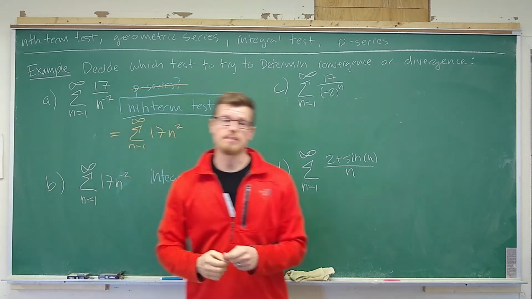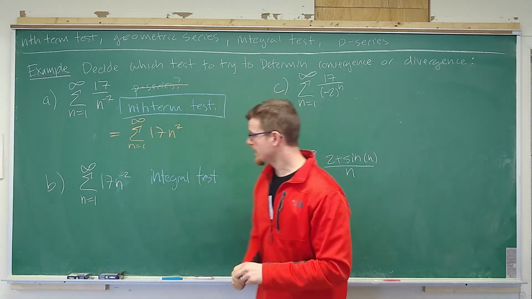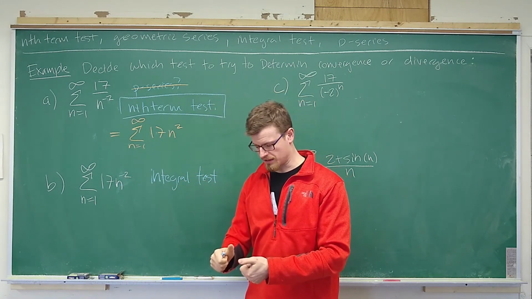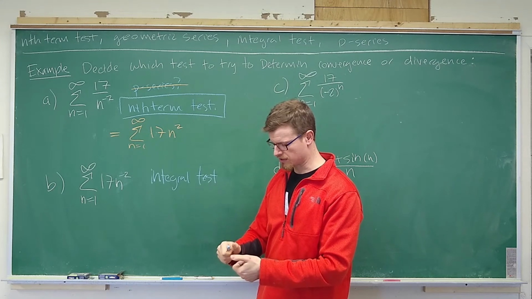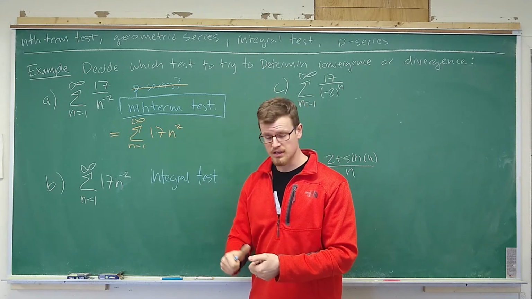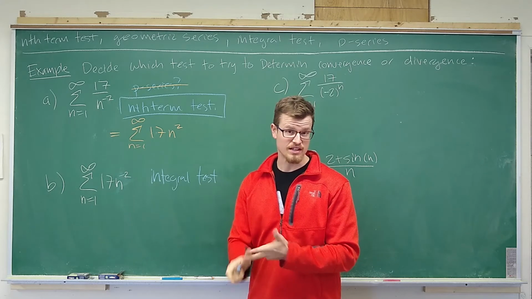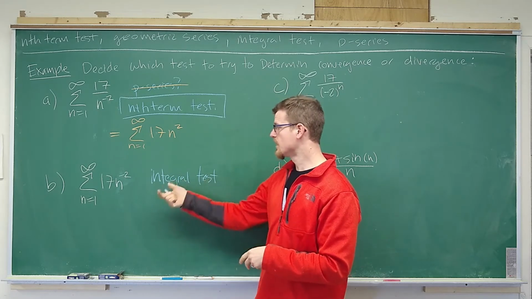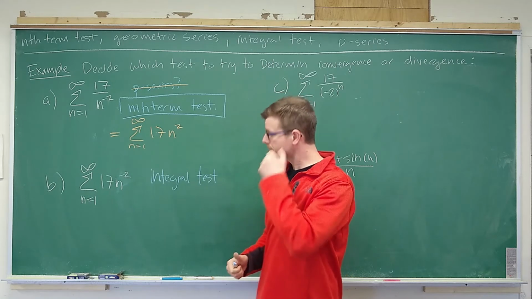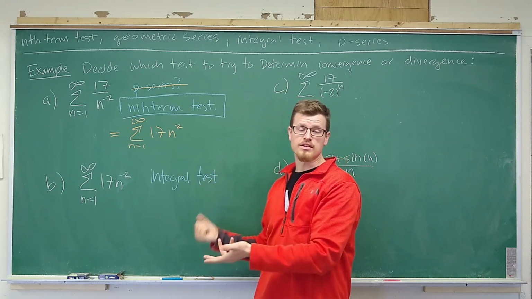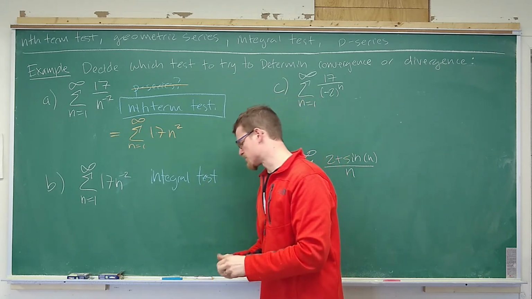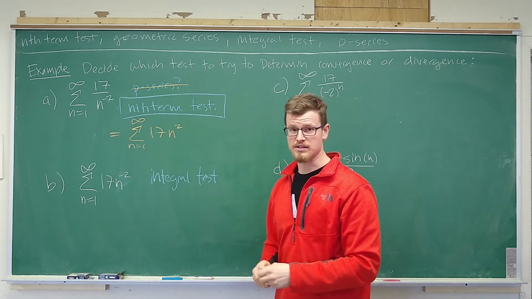And that's perfectly acceptable. We have some things that we would have to check, namely that the function of interest is continuous, that the function of interest is positive, and that the function of interest is decreasing. It would satisfy all of those, and we could use the integral test here. But again, this is just a list of things that we could try, or that would make sense to try. So integral test would make sense to try.